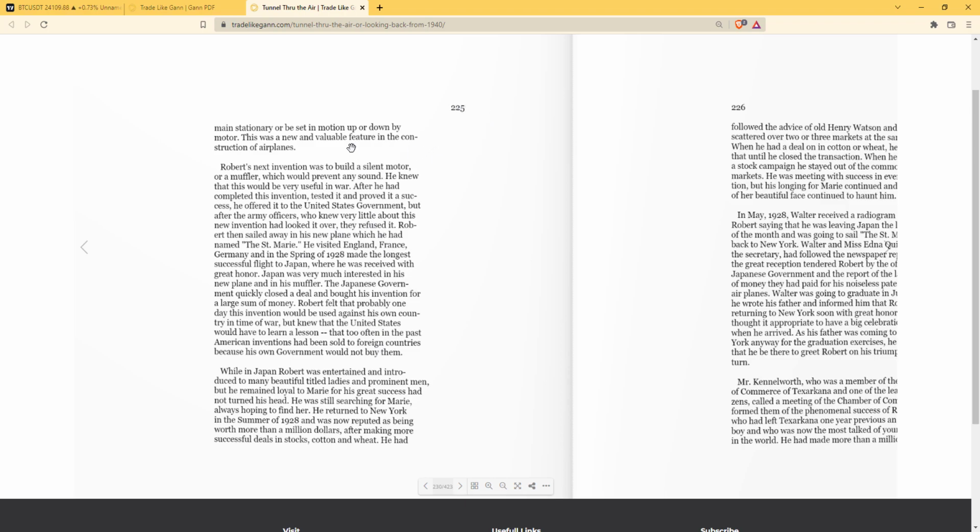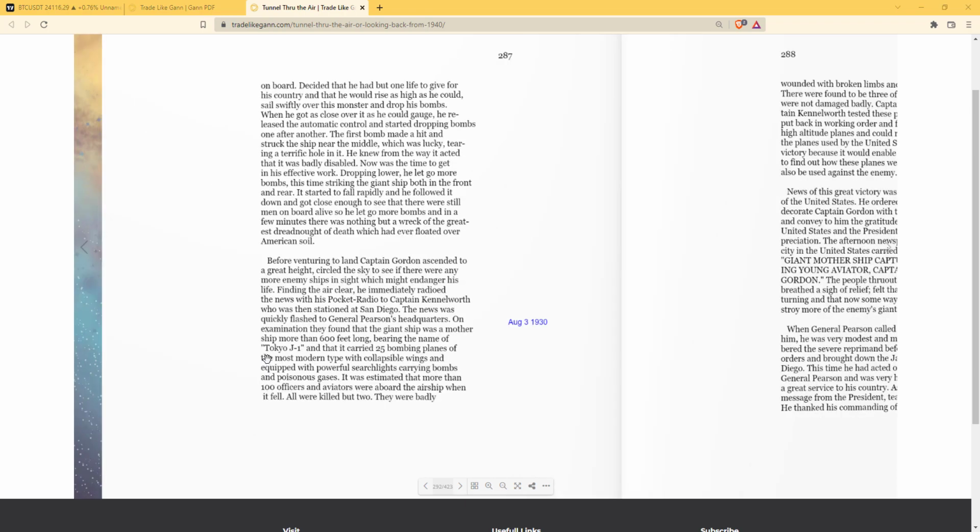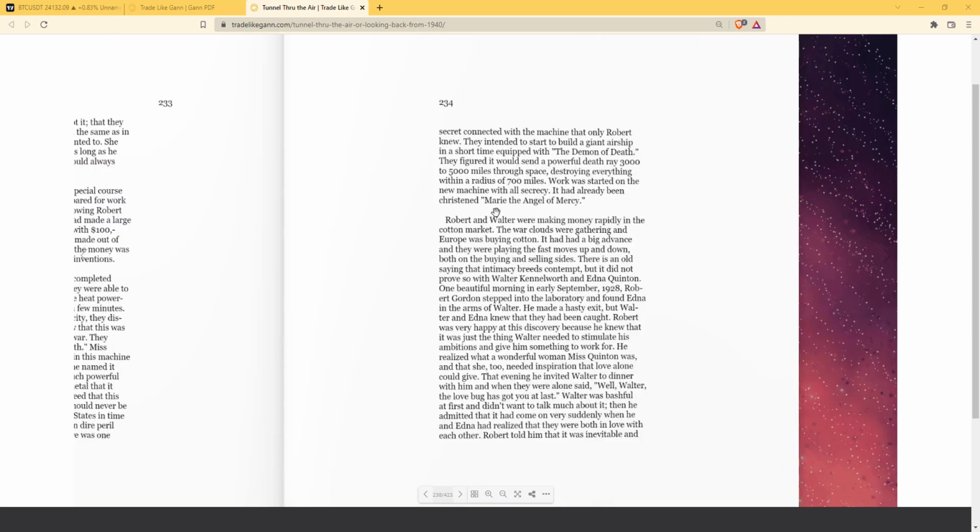So let's see another cycle, the Tokyo J1. This is another COR cycle. If you see this word, the Tokyo J1 appears for the first time on page 287. Again, let's see another example of a COR cycle in the book: Mary, the Angel of Mercy.